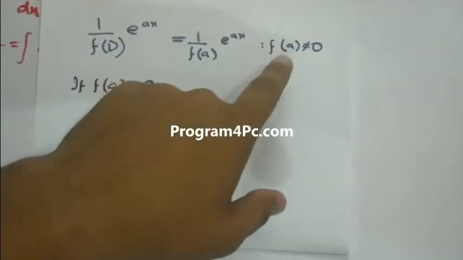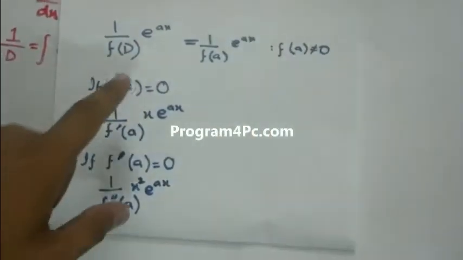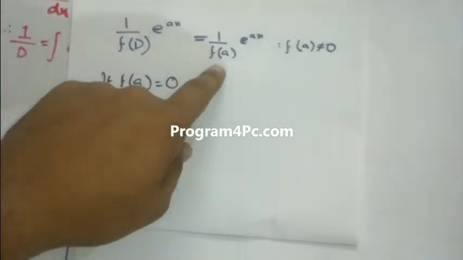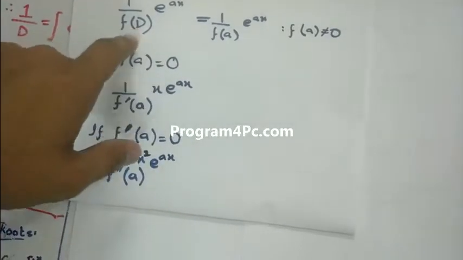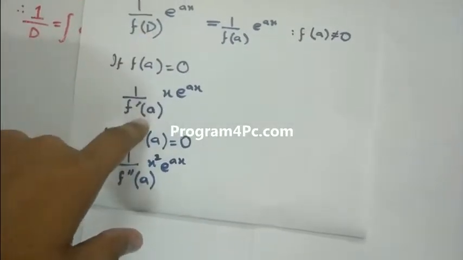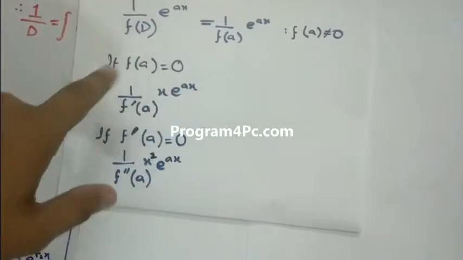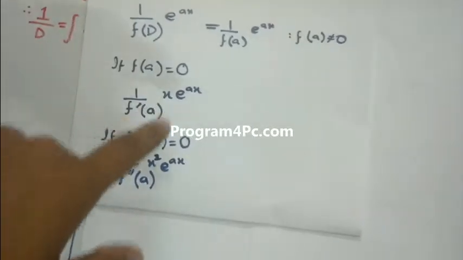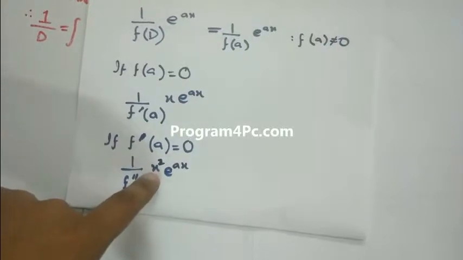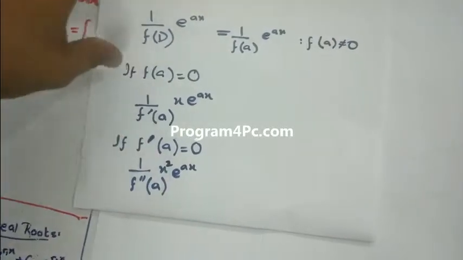Remember that f(a) must not equal 0. If it equals 0, then we take the derivative of f(D) and replace D with a, and see what happens. If again it equals 0, then we take the double derivative, with x square written here, e power ax.